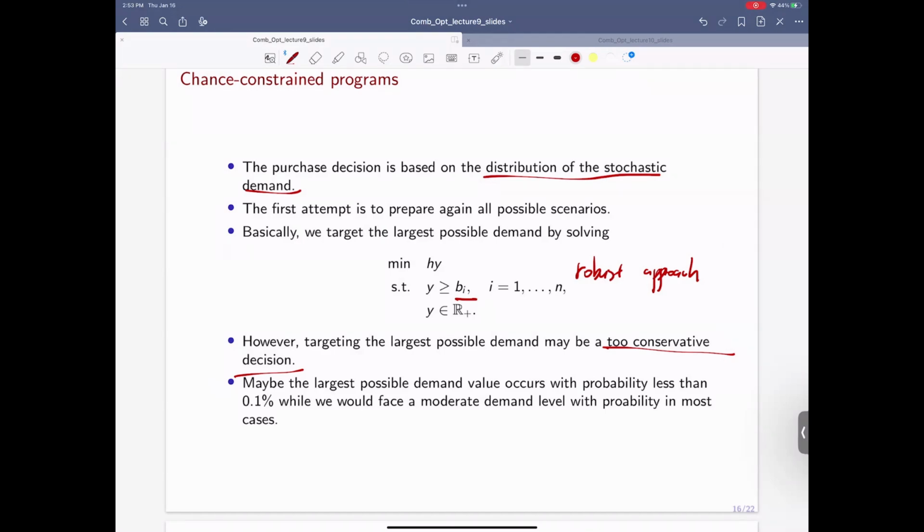Then does it really make sense to target this worst case value? Maybe not. Maybe we are targeting the middle, the expected value, or like the top 90%, where 90% of the time you are good, and we lose something for only a 10% chance. Maybe that's still better.